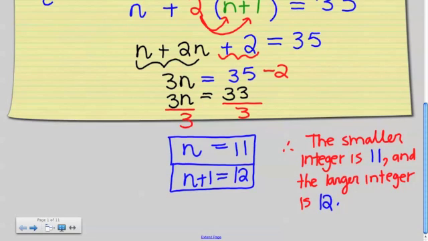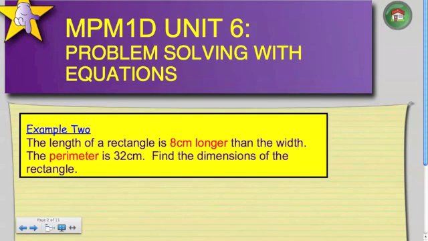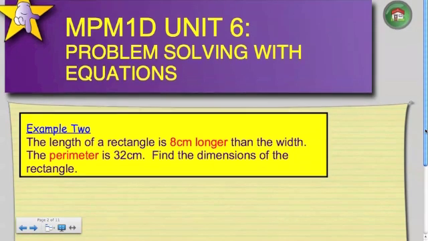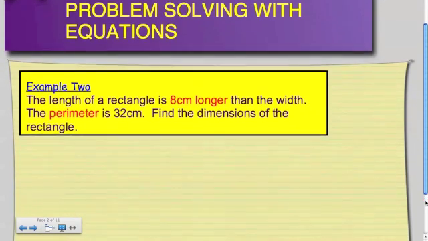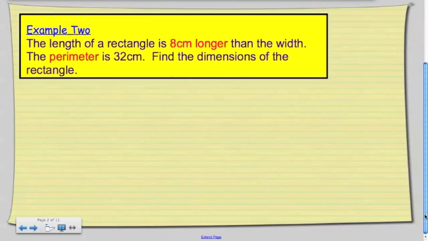And so very simple. We're starting off with a very simple, straightforward problem. The next one's a little bit more complicated if you haven't seen a problem like this before. So this involves perimeter. So I'll give you a second to copy that down. And we should draw a diagram to help us illustrate this problem.